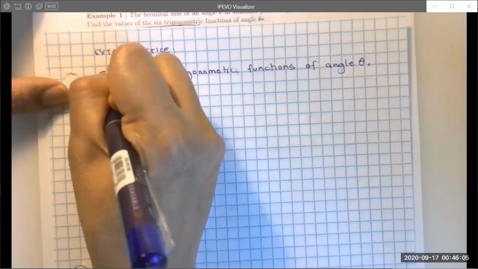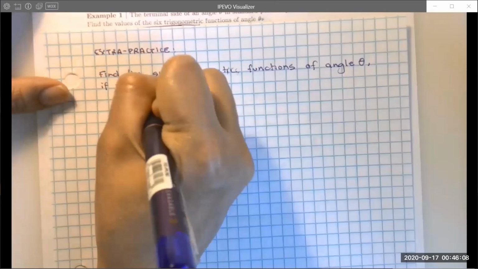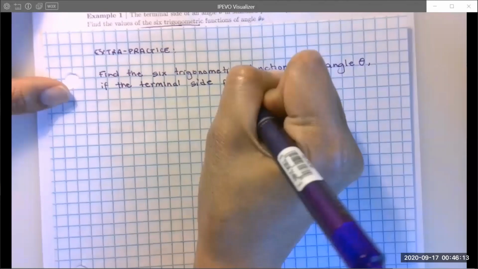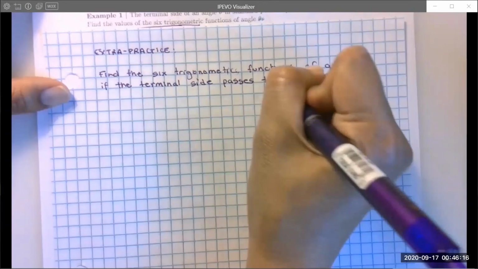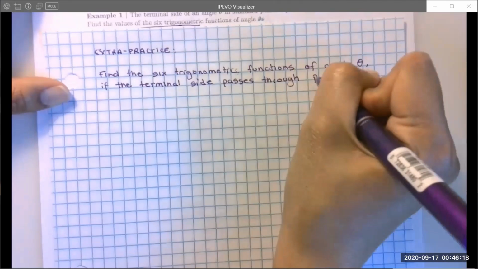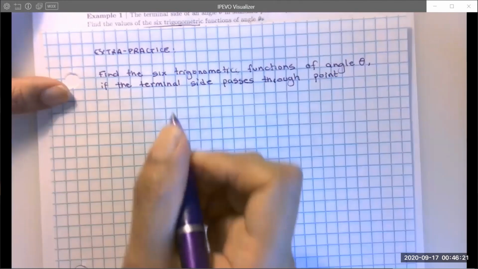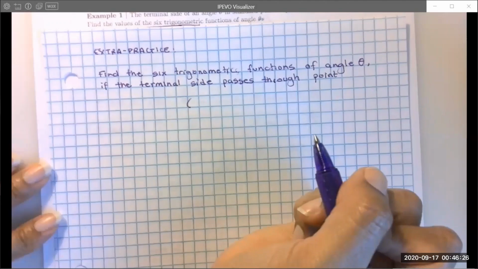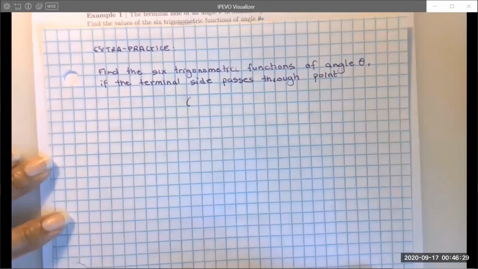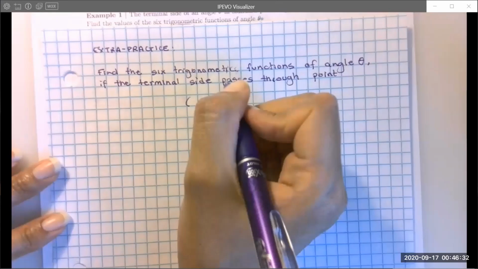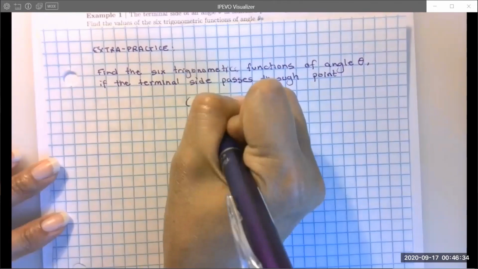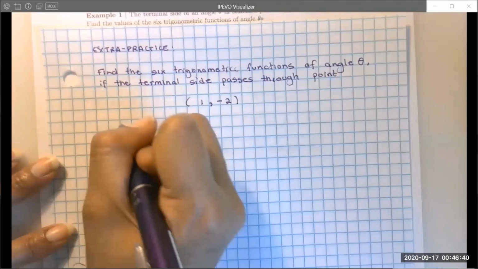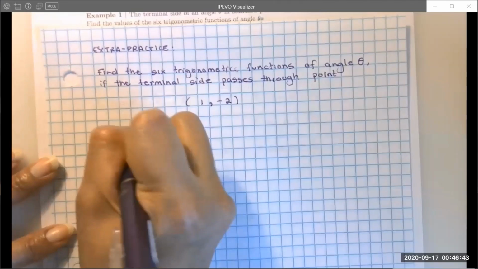So if the terminal side passes through the point, let's choose something that perhaps might not simplify as nicely when we take the radical. Let's just try, how about 1 and -2? So 1 and -2, and then we're going to verify our answers by drawing a diagram.